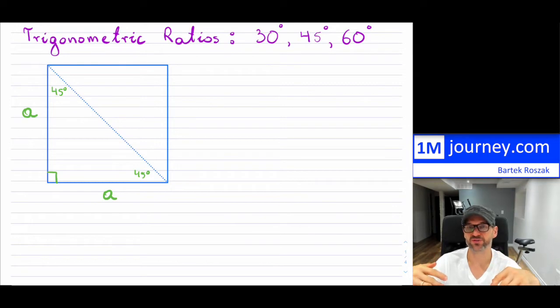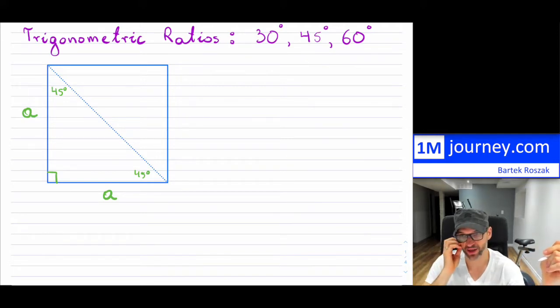You don't have to take a side of length A, meaning any A. We can set A equal to 1, because trigonometric ratios work for all similar triangles with exactly the same angles.